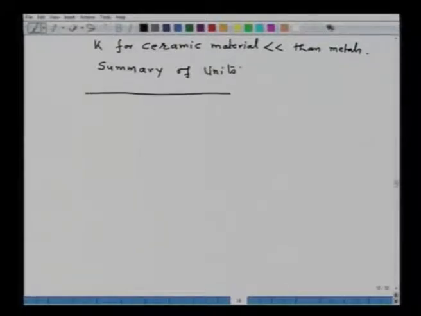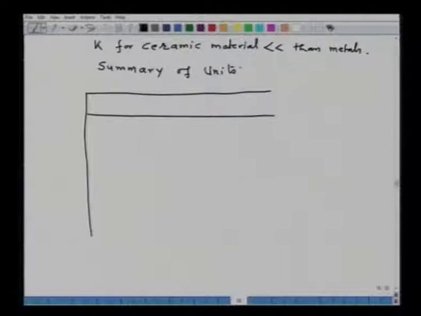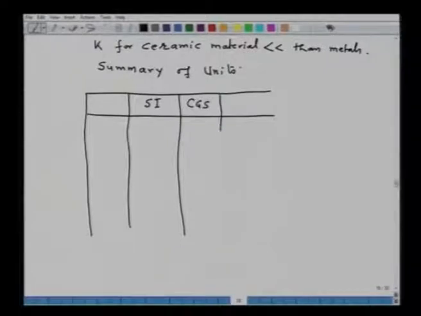Now, let us see the units, that is important. So, I will write down just a summary of units. Here SI units, here CGS units, and here FPS units, that is British system, foot, pound and second.